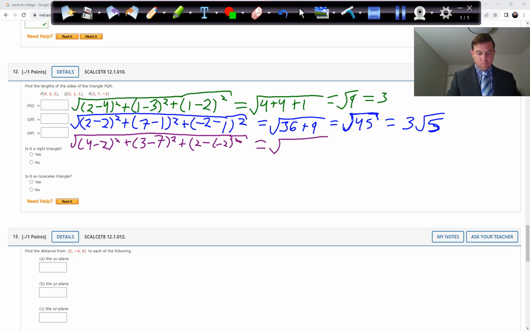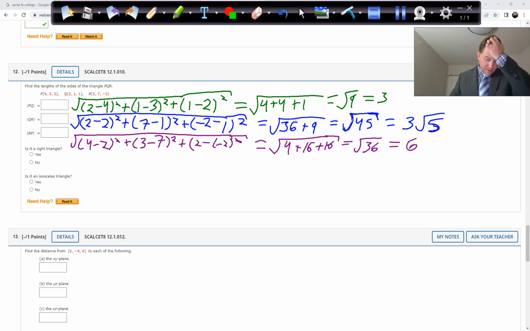So we're going to get 4 minus 2 is 2, and 2 squared is 4. 3 minus 7 is minus 4, but I'm squaring it, so I get 16. And then 2 minus minus 2 is 4, squared is another 16. This one's nice, square root of 36, which is 6.